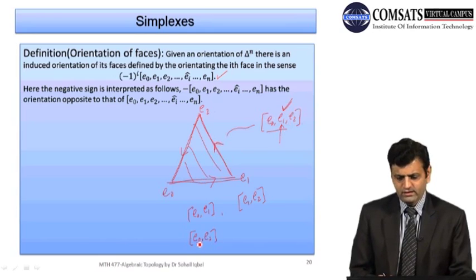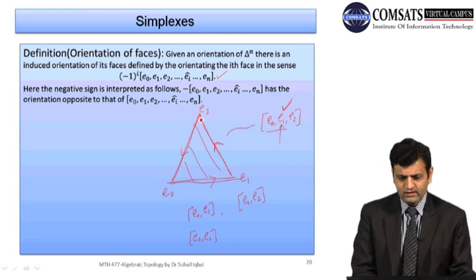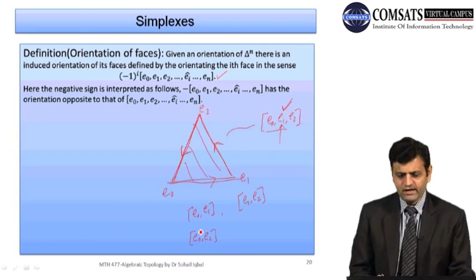But the ordering E0, E2 is not right here, because it says it's a one simplex from E0 to E2, but you can see that it's a one simplex from E2 to E0. So we need to add some negative signs as well. I need to reverse the order, so I multiply by minus 1, which means the order is reversed.